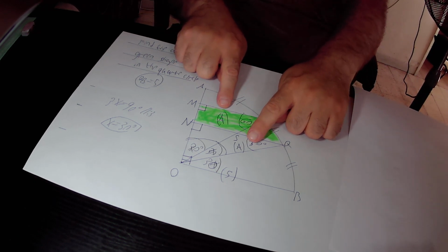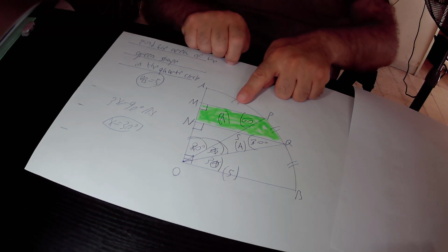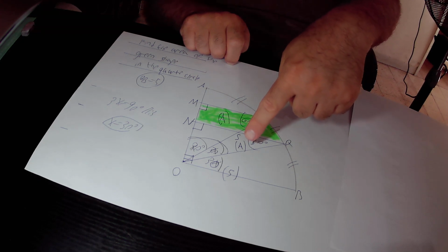Those two shapes have the same areas. Therefore, we can substitute the area of this quadrilateral MPSN by the area of this triangle SQO.